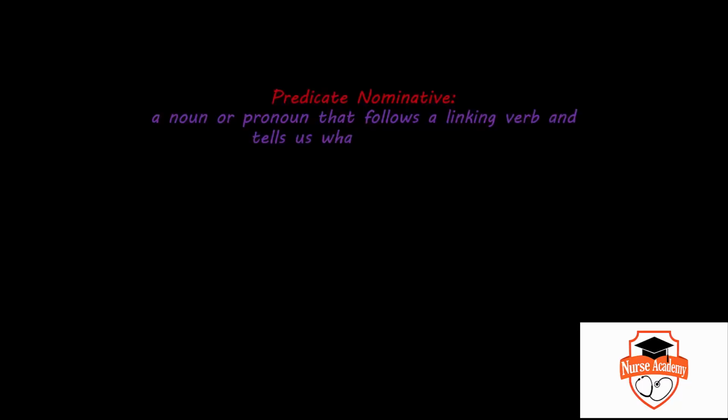Next, let's discuss the predicate nominative. There are 3 parts to a predicate nominative that we'll want to go over. First of all, it is a noun or pronoun. Next, it follows a linking verb. And the third thing that we want to know is that it tells us what the subject is. An example would be, Jack is my brother.